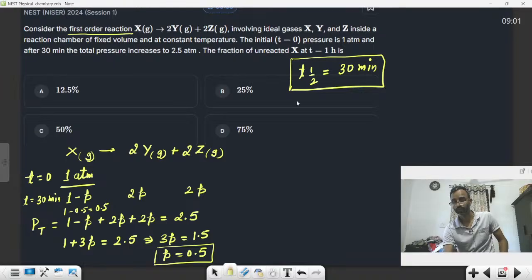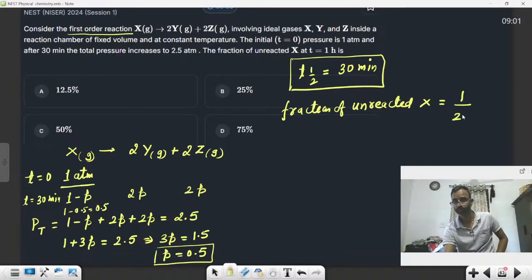So what is the fraction of unreacted X? That is 1 upon 2 raised to power n, because you know amount left after n half-lives is a naught by 2 raised to power n.